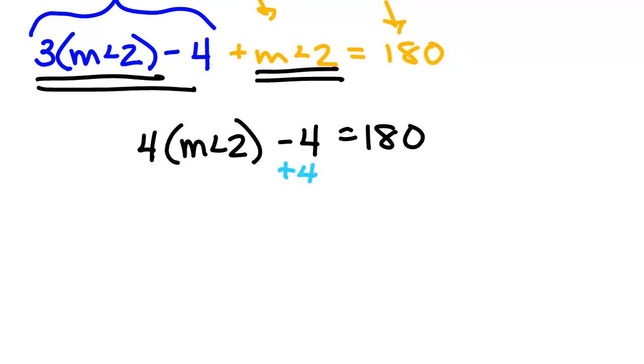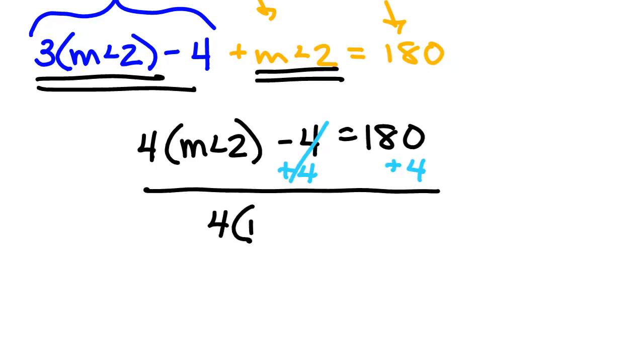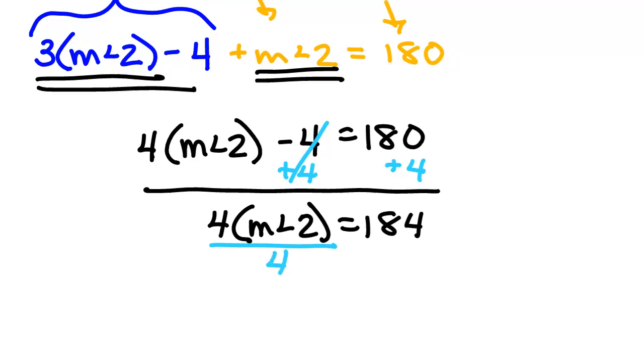Add 4 to each side. So I would have 4 times the measure of angle 2 equals 184. And then I would do what? Divide both sides by 4.